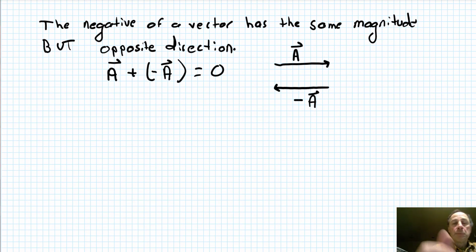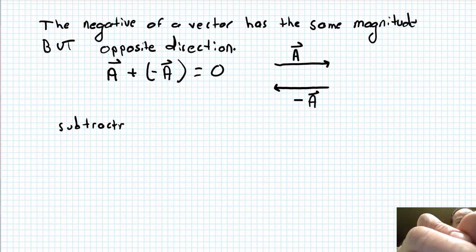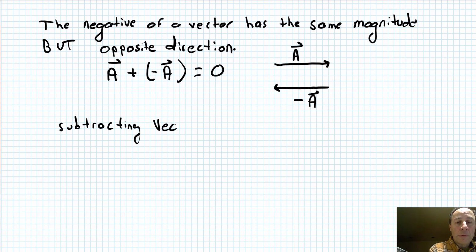So subtracting vectors, the way to think about subtracting vectors, I'm not working good with the spelling here. Subtracting vectors. What you're going to do is just turn them into addition problems.